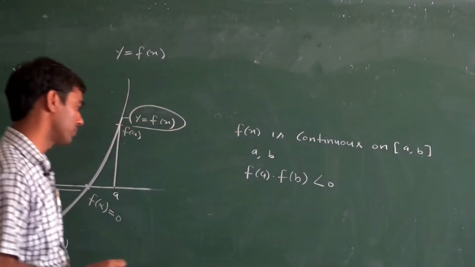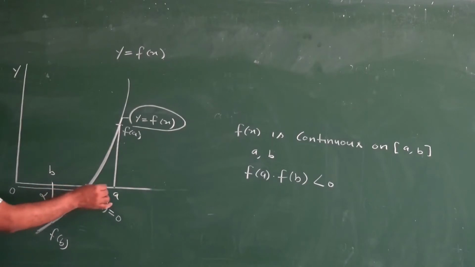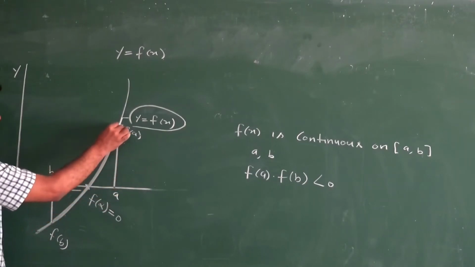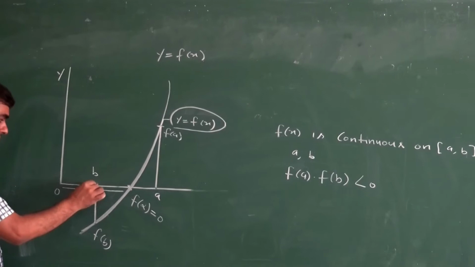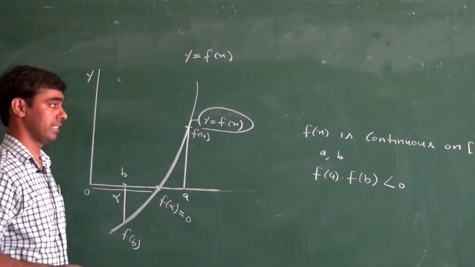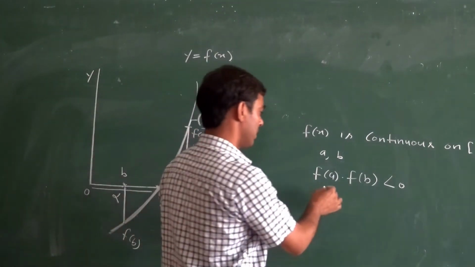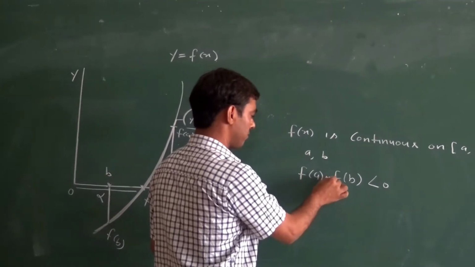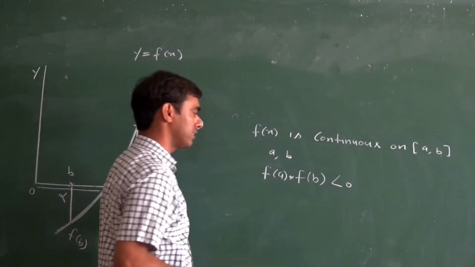What is the meaning of this? At one point, the value of the function is positive. At another point, the value of the function is negative. So obviously, the product of these, f of A into f of B, is less than 0.